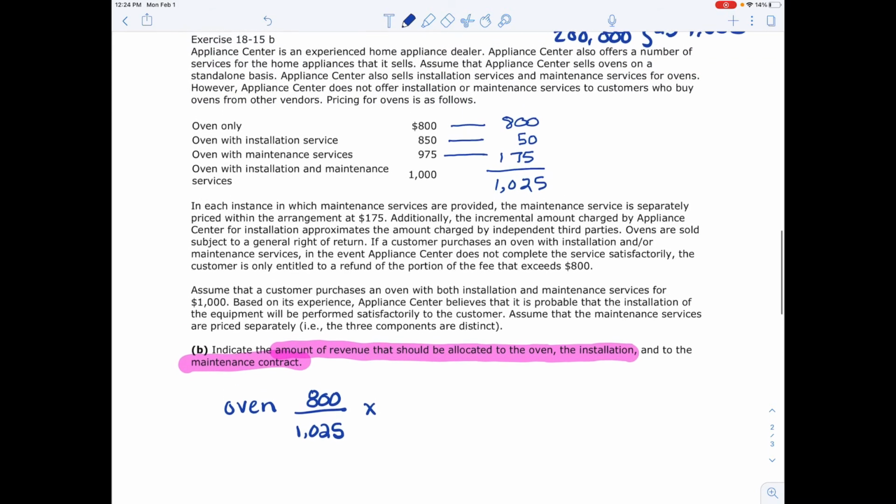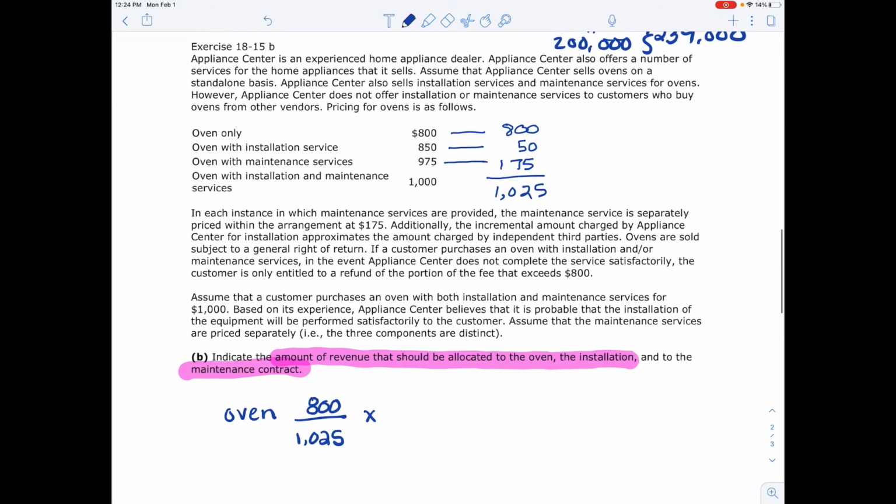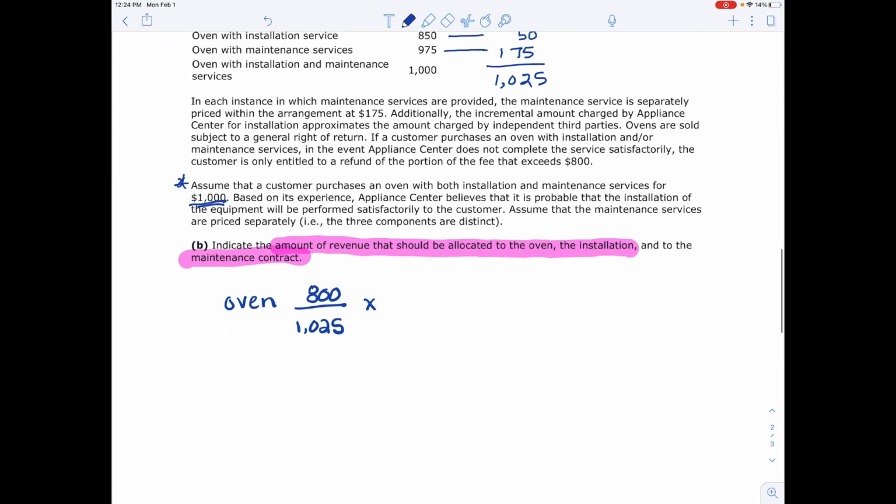How much is this contract worth? If I read through, if the customer purchases an oven right here with both installation and maintenance services for $1,000. So my cash price that I sold this contract for is actually only $1,000. So I am going to allocate $780.49.